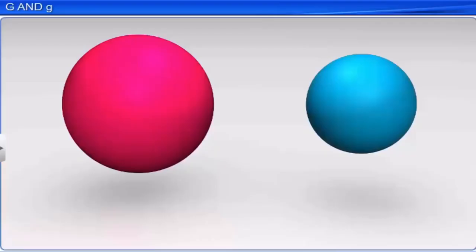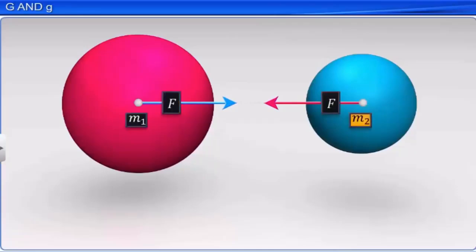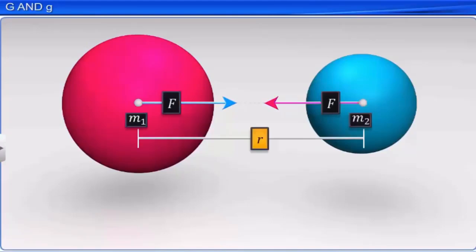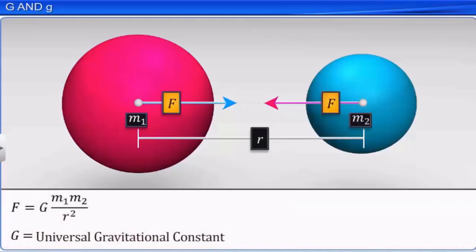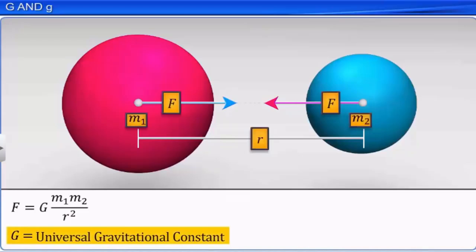We learned earlier about the gravitational force between 2 bodies of masses m1 and m2 separated by a distance r. The expression for the force is given as F = G m1 m2 / r², where G is the universal gravitational constant.